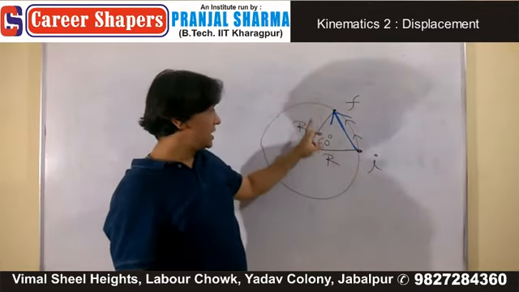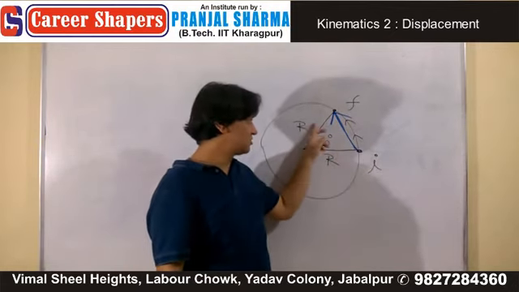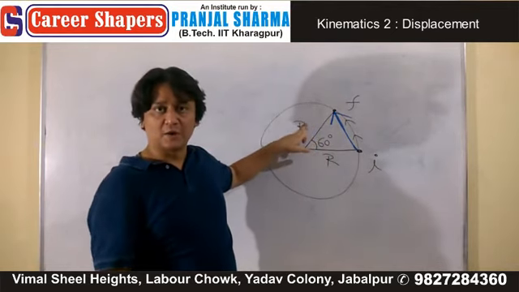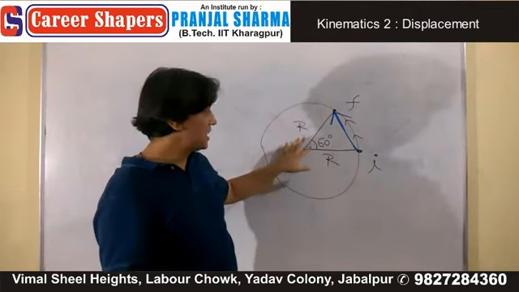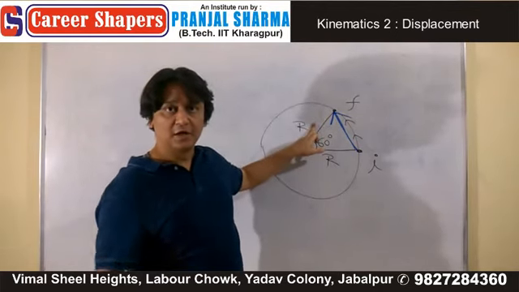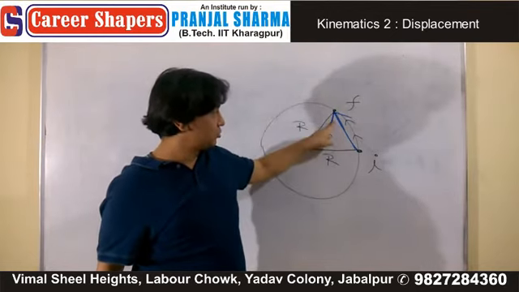Now, R and R, let's use a simple argument. This is R, this is R. Two arms are equal. First of all, two arms are equal. That makes it an isosceles triangle. If it is an isosceles triangle, then this angle and this angle, they should be same.